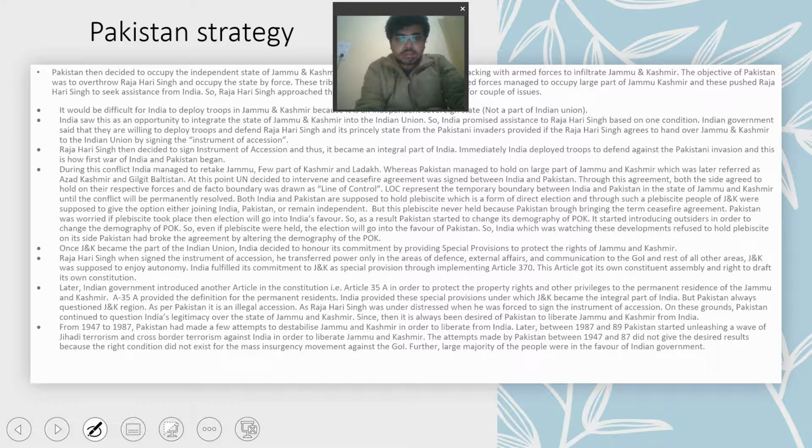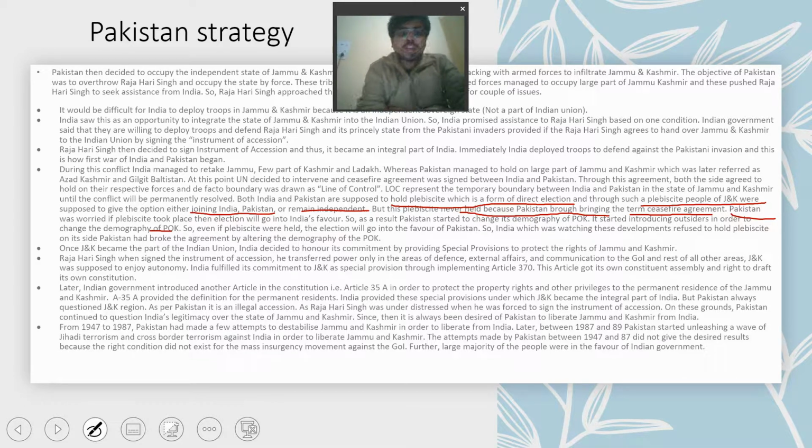So I will explain it here. Both India and Pakistan were supposed to hold the plebiscite, which is a form of direct election, and through such a plebiscite the people of Jammu and Kashmir were supposed to be given the option to either join India, Pakistan, or remain independent. But this plebiscite was never held, because Pakistan, bringing in the terms of the ceasefire agreement, changed the demography of the Pakistan-occupied Kashmir region, changed the population of that region, so that the number of votes from that area would increase.